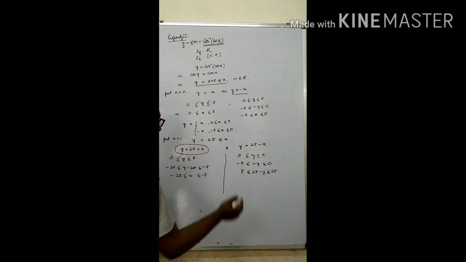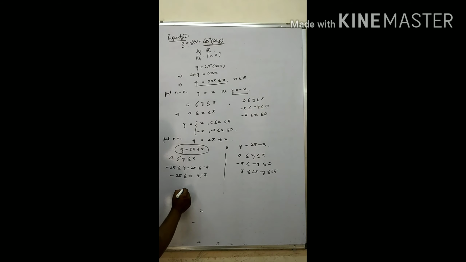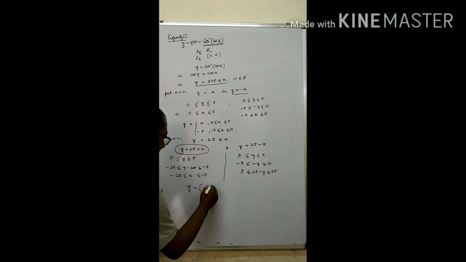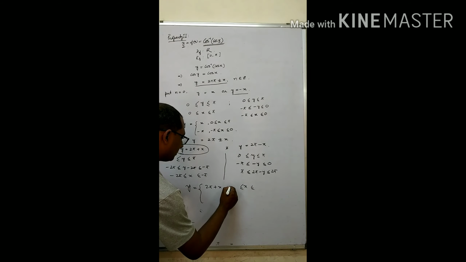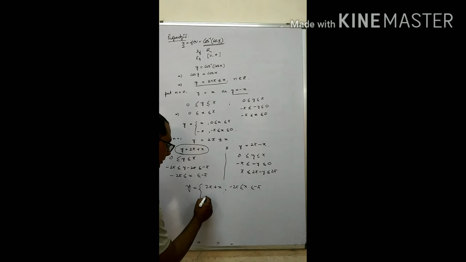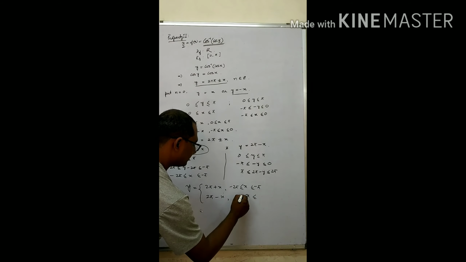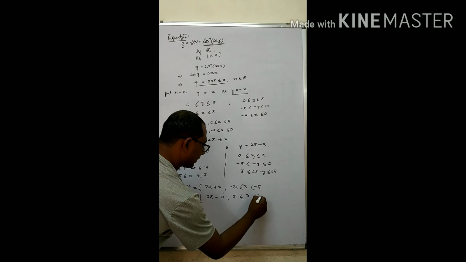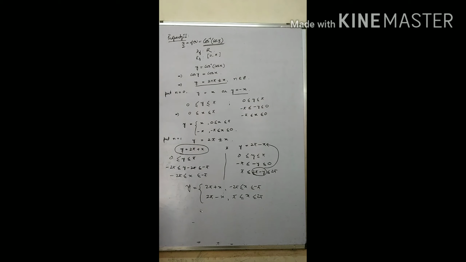If I combine these two, I'll get y equal to 2 pi plus x if x is lying between minus 2 pi to minus pi, and 2 pi minus x when x is lying between pi to 2 pi. This one is nothing but x.